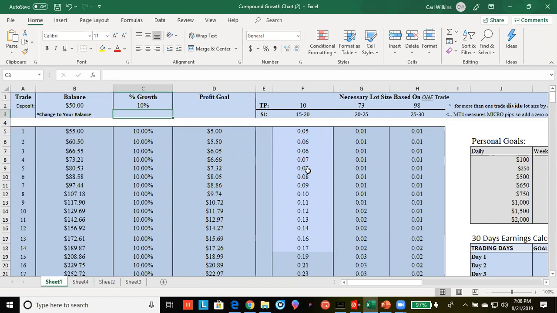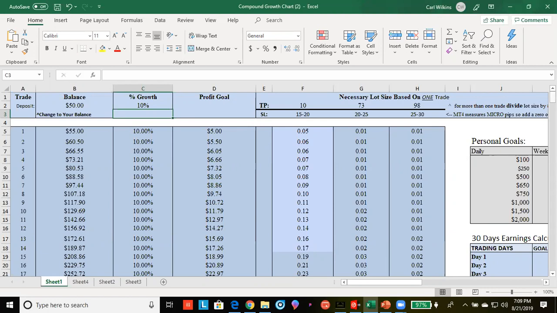You want to have the proper education behind what you're doing. You can easily go into the MetaTrader 4 app and just pick and choose if it's a buy or a sell. But without proper education, you're just gambling. We don't want anybody to be gambling to lose their money. We want them to have proper education. That's why we're setting you up with a compounding growth chart as well with our company. So this is exclusive once again, and people pay thousands of dollars for this information.